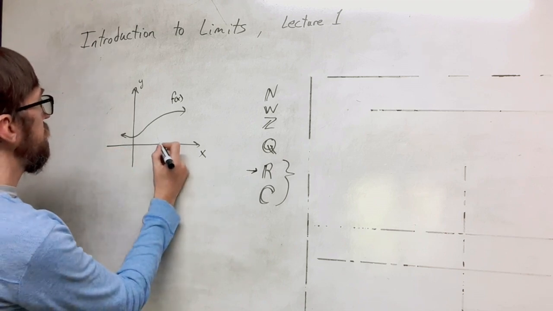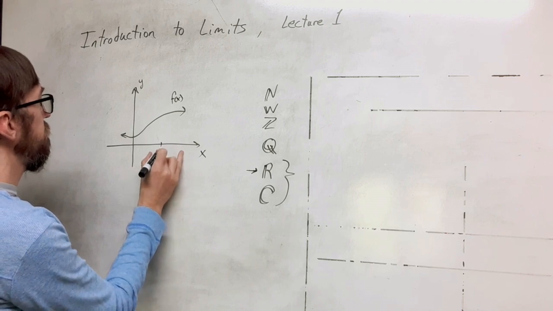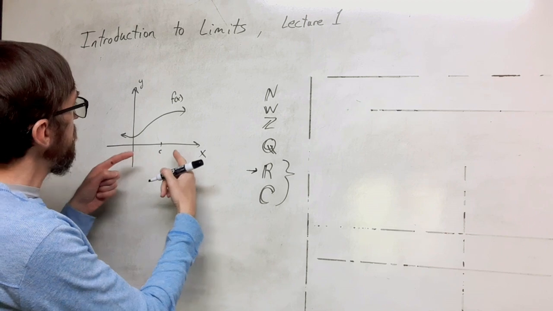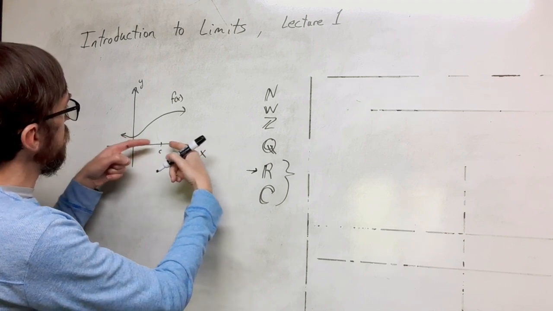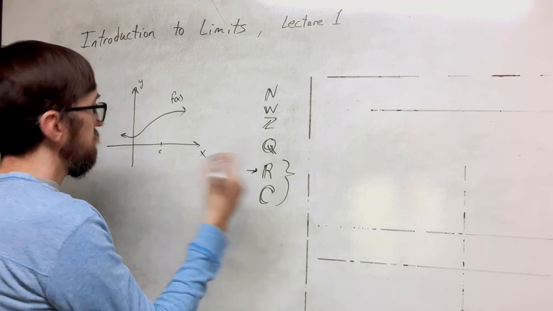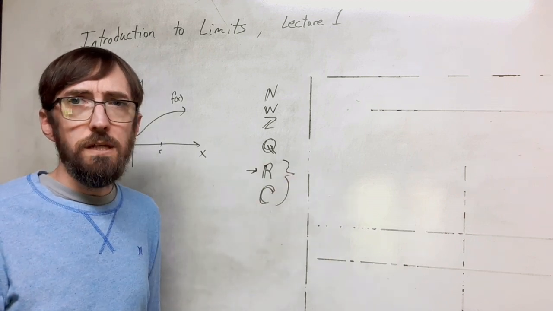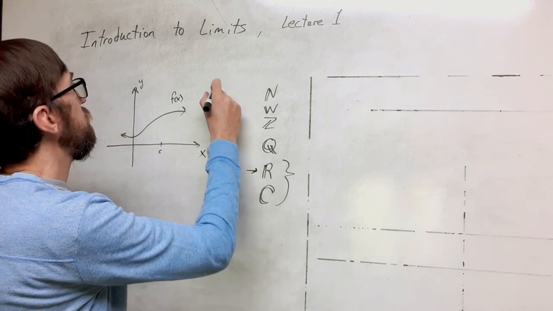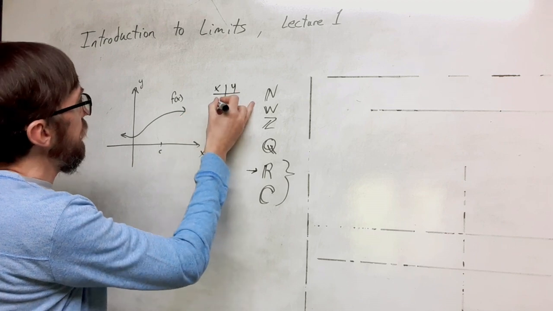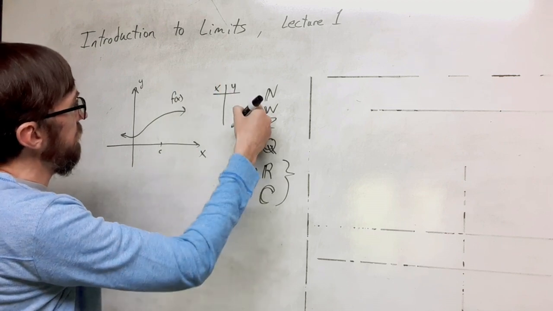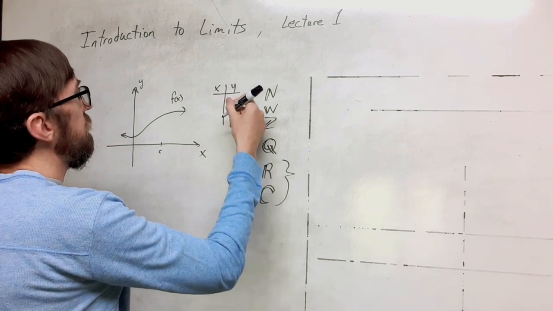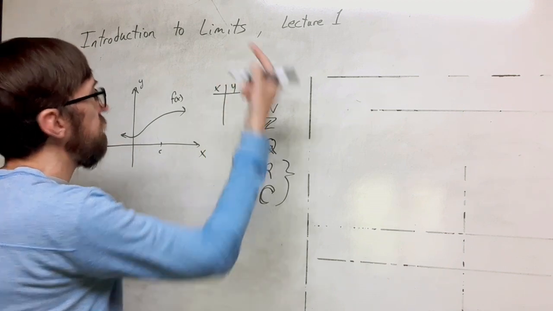Then I'm going to choose some value, say c here, and I want to know what happens as my x values get close to that. If you make an x-y table in an Algebra 1 or Algebra 2 course, you choose an x, you plug it in the function, you get back a y value. More precisely, some of you may have done this as an x and f of x table.